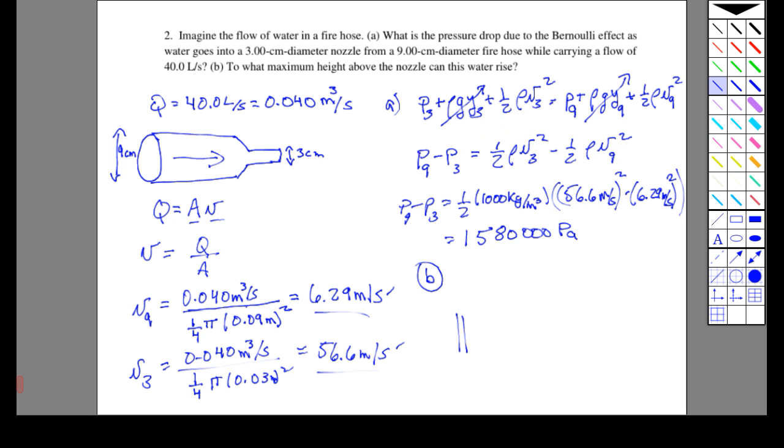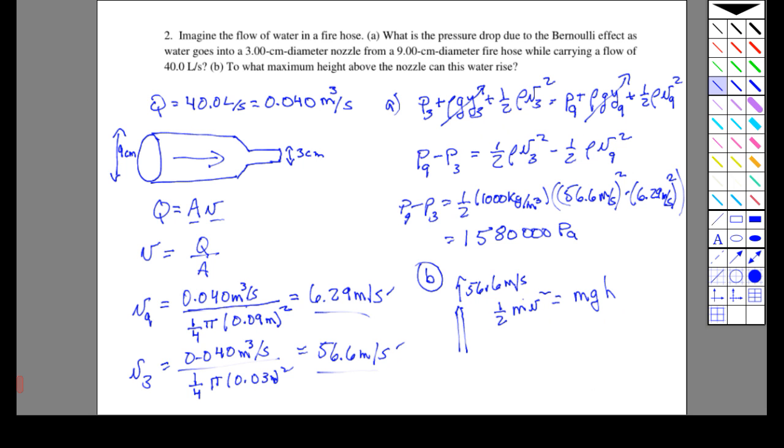So if we shoot this water straight up with speed 56.6 meters per second, we can use conservation of energy actually. So we have 1/2 mv squared, that's the kinetic energy, is equal to the potential energy. So all that kinetic energy gets converted to potential energy. So that's equal to mg times the height.